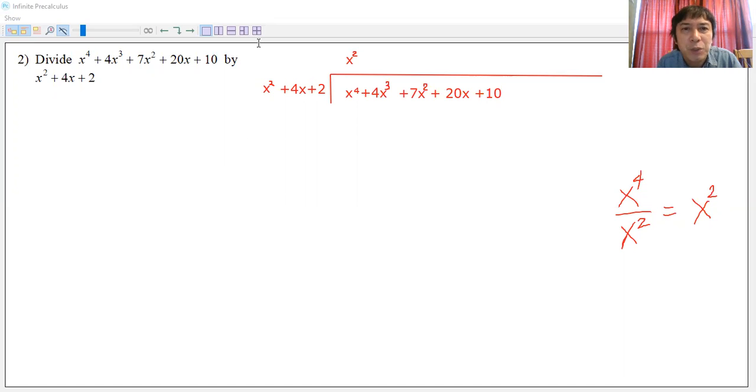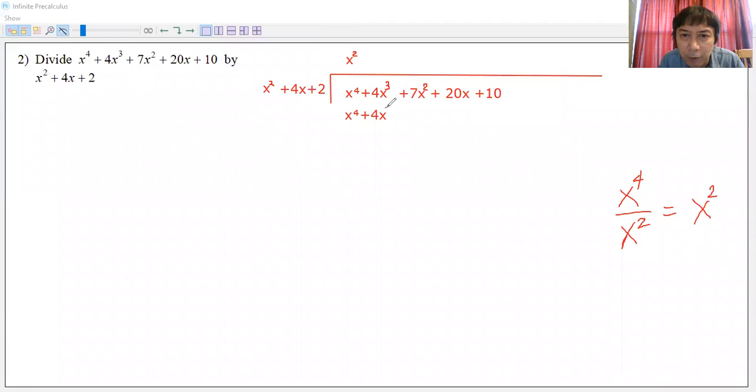We're now about to multiply. So at this point, we'll proceed to the multiply, and this line here will have x to the fourth, and this will now be plus 4x cubed. The product of x squared and x squared is x to the fourth. Now it's x squared and 4x, that'll be 4x cubed, so we write the 3 there.